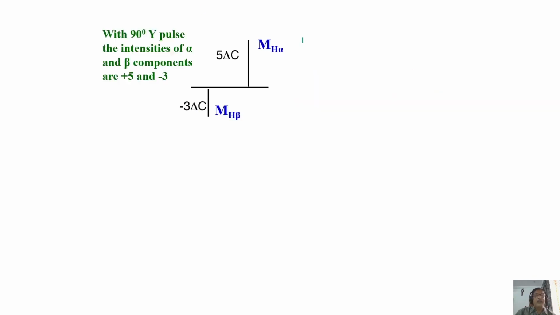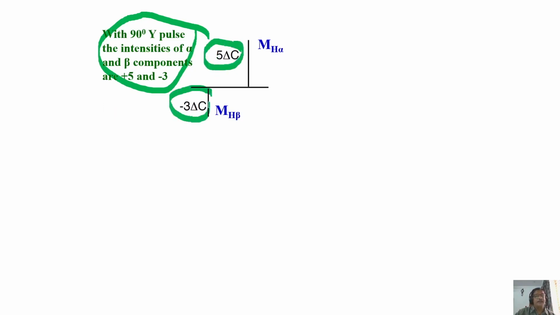One, you do an experiment with a 90-degree Y pulse. What happens? Then the alpha and beta components are +5 and -3 in intensity ratio. Understand? The carbon doublet components, one is 5, another is -3.